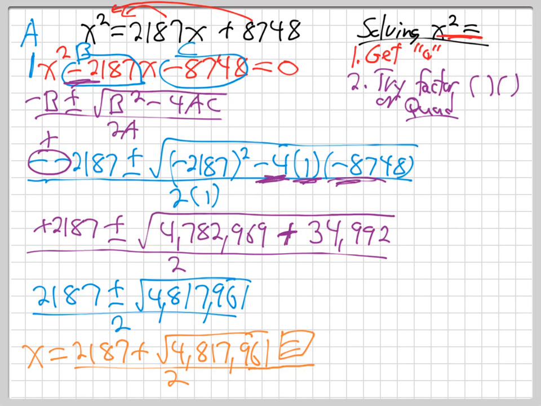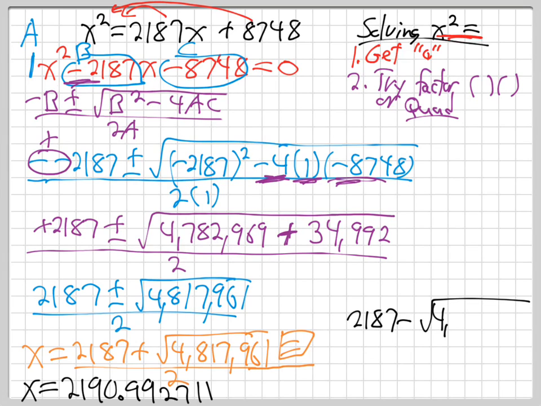So I'm going to do that. And I'm getting the answer for that one to be 2190.992711. Now, the other answer is going to be 2187 minus the square root of 4,817,961 all over 2.